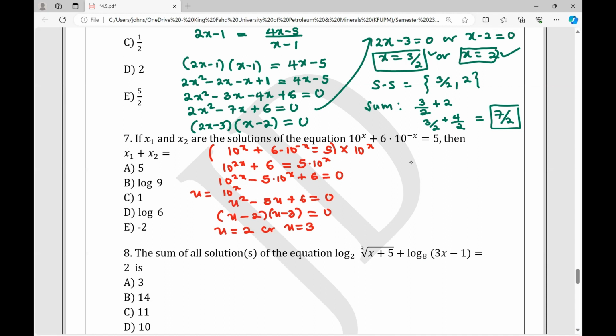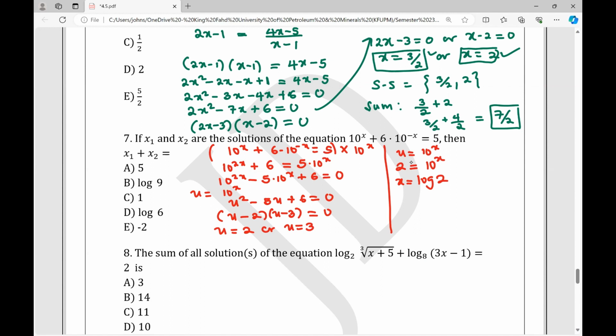Okay, now let's go back and see what u is. So u equals 10 to the power x. It means that 2 equals 10 to the power x. So what does that mean here? It means that x is just going to be log of 2, right?